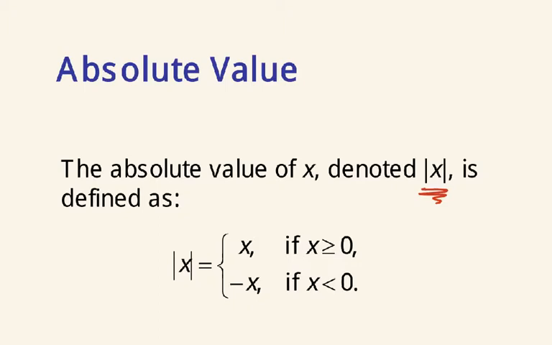Now, what's the opposite of x if x is less than 0? Well, if x is less than 0, then x is a negative number, and its opposite is a positive number. So this definition tells you two things. Absolute value is always positive or 0.